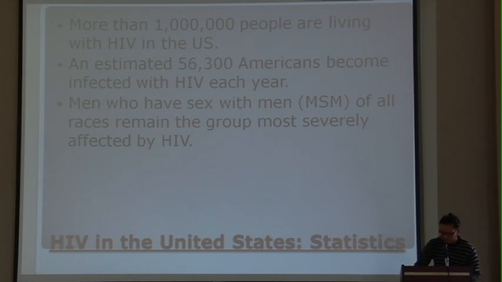So here are some statistics on HIV in the United States. There are more than 1 million people living with HIV in our country. An estimated 56,300 Americans become infected with HIV each year. And men who have sex with men of all races remain the group most severely affected by HIV.